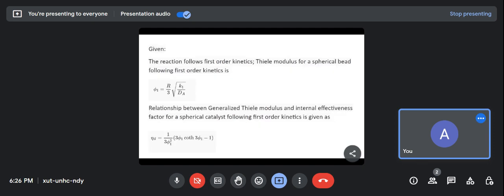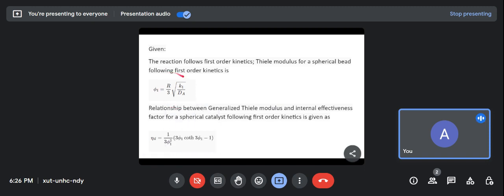Okay. So what is given to you in this question is that the reaction follows first order kinetics, where the reaction rate is only dependent on the concentration of one of the substrates, and the Thiele modulus for a spherical bead following first order kinetics is given.